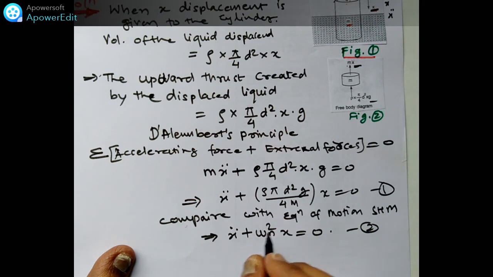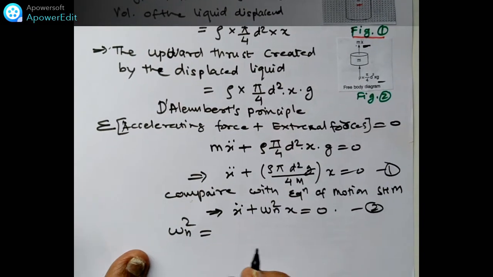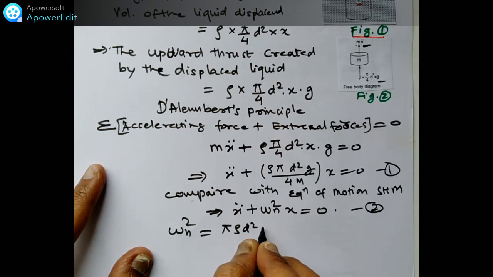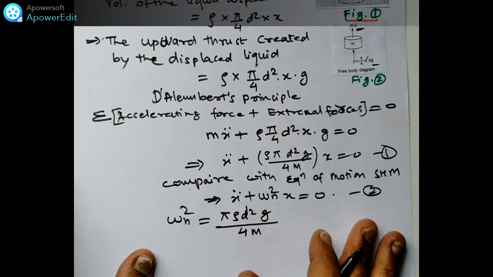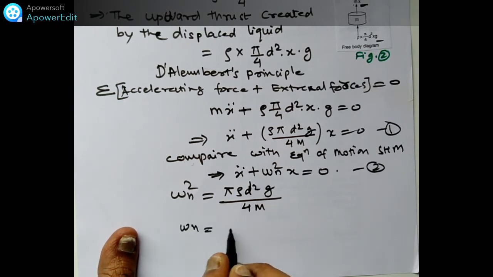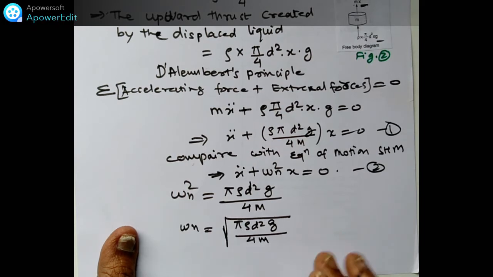When compared, we can directly write omega n square equals pi rho d square g over 4m. So omega n equals the square root of pi rho d square g in the denominator 4m.